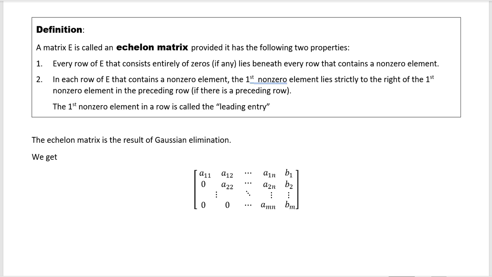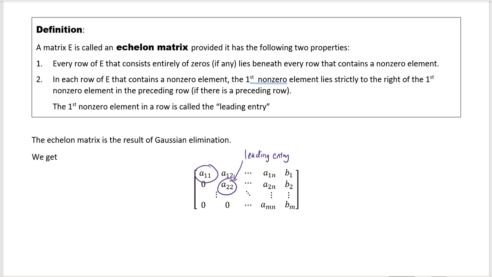The first non-zero element in a row is called the leading entry. So what does that mean? Okay, look at this guy. A22 is the first non-zero element in that row, right? Because this guy is 0. So this A22 is the first non-zero element in the second row, so this is a leading entry.